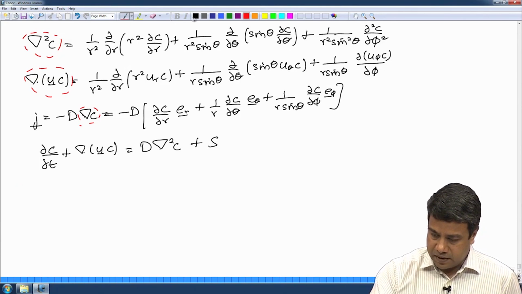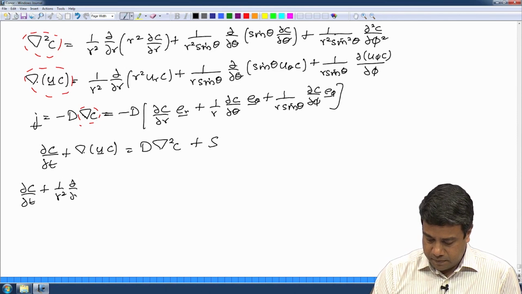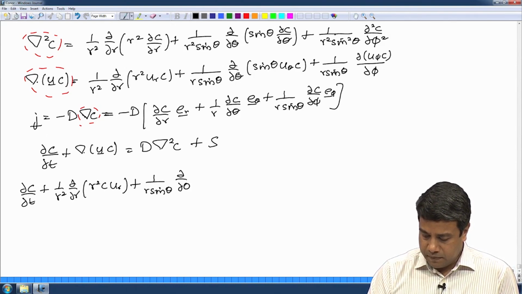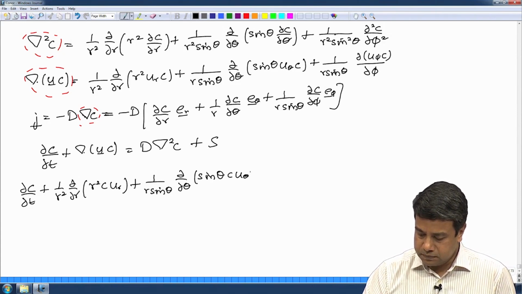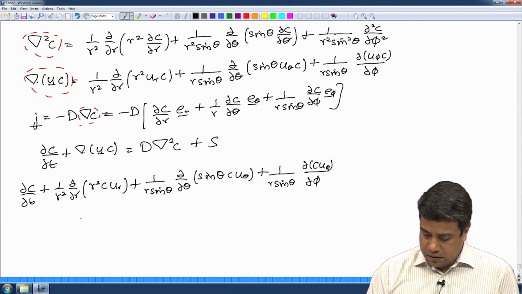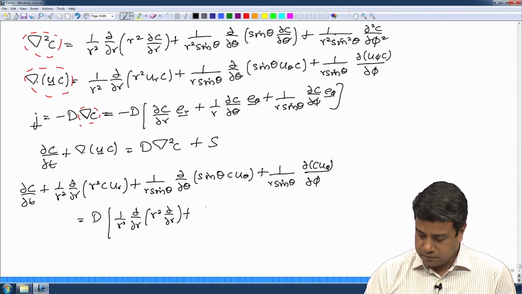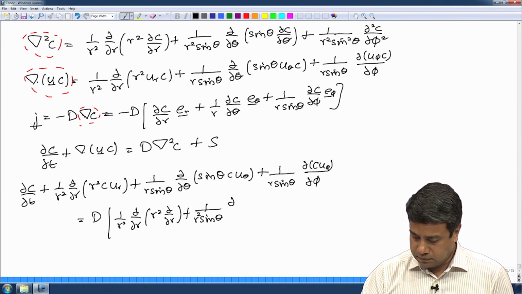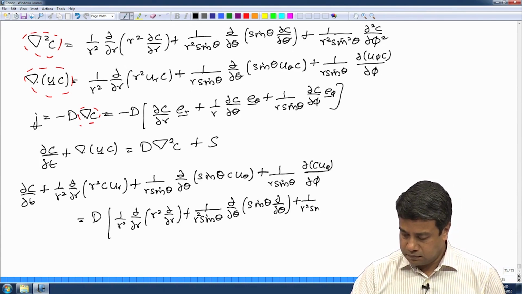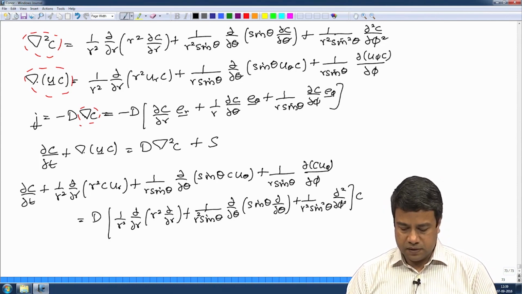So, if I write it again for you, partial c by partial t plus... So that is the conservation equation in a spherical coordinate system.